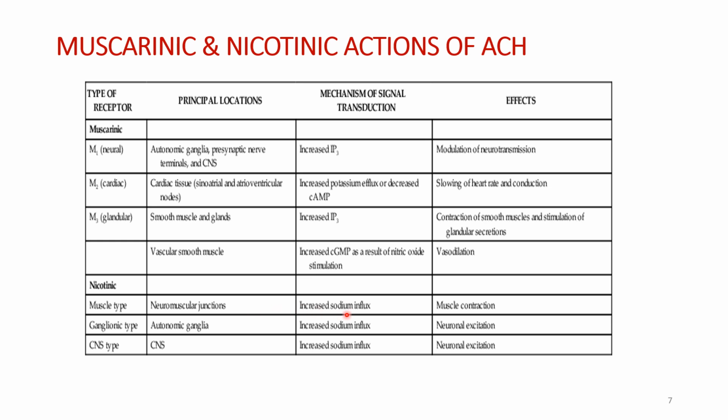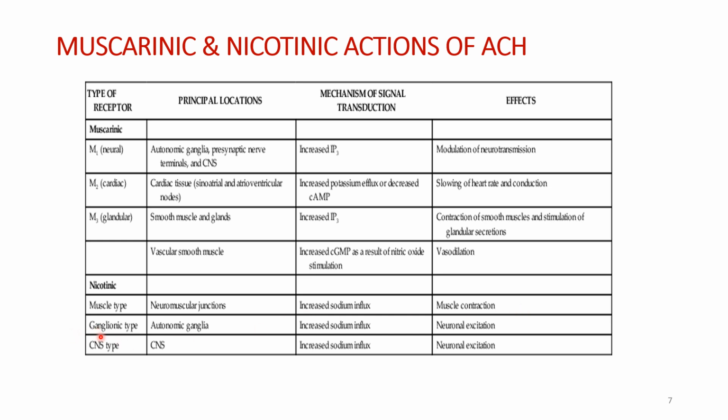After binding with acetylcholine, they cause increased sodium influx. Nicotinic receptors are ionotropic receptors, meaning when the receptor opens, it allows ions to pass through. Here sodium comes into the muscle fiber. The effect you can see is muscle contraction.